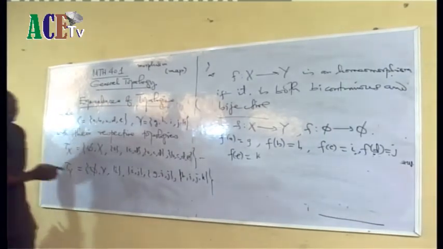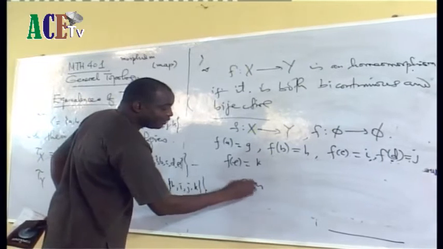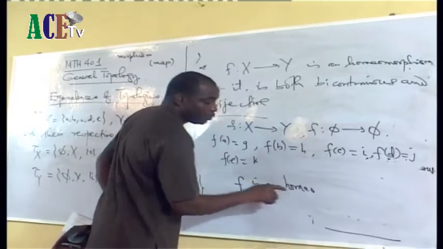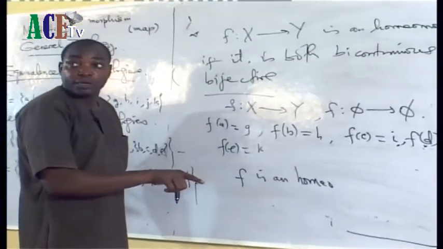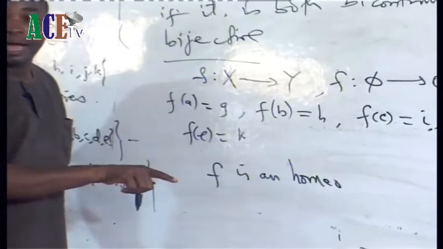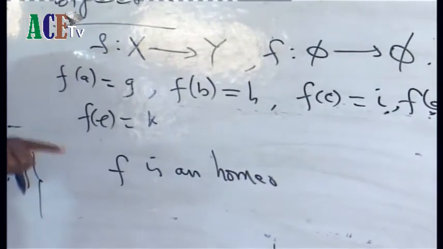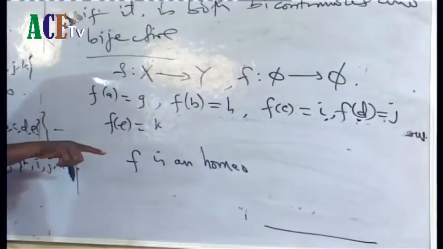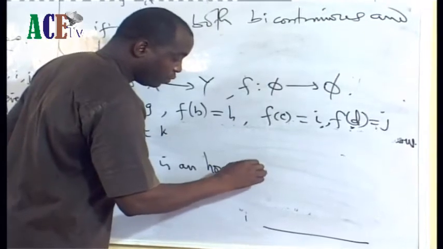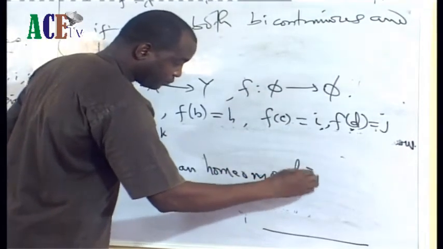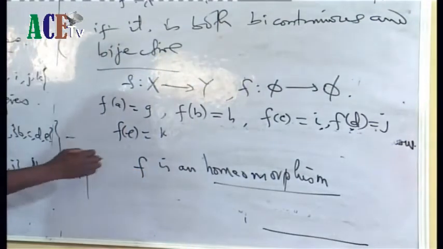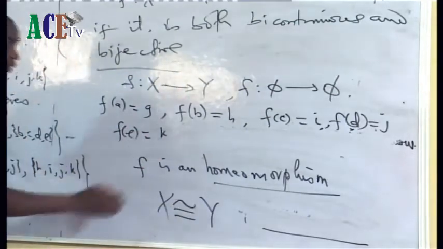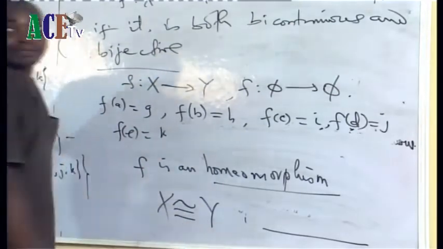Therefore, we can conclude that F is a homeomorphism. Note, it is not homomorphism. A homomorphism can exist between two groups. But here we are dealing with homeomorphism. And that means that X is homeomorphic, that is topologically equivalent, to Y.